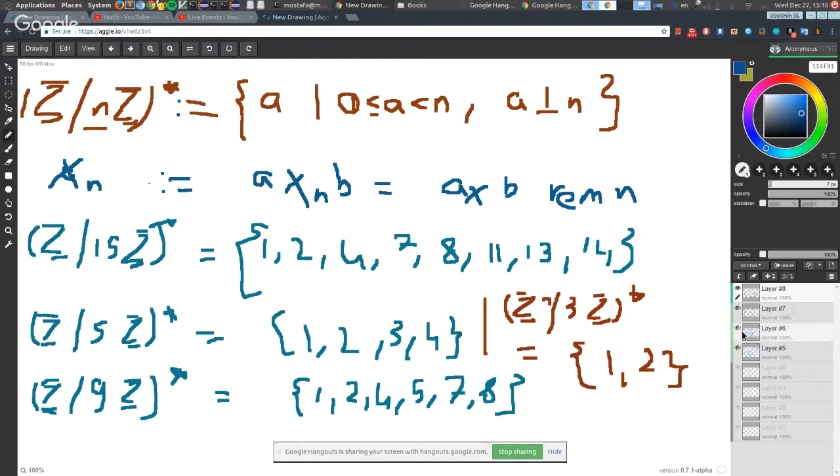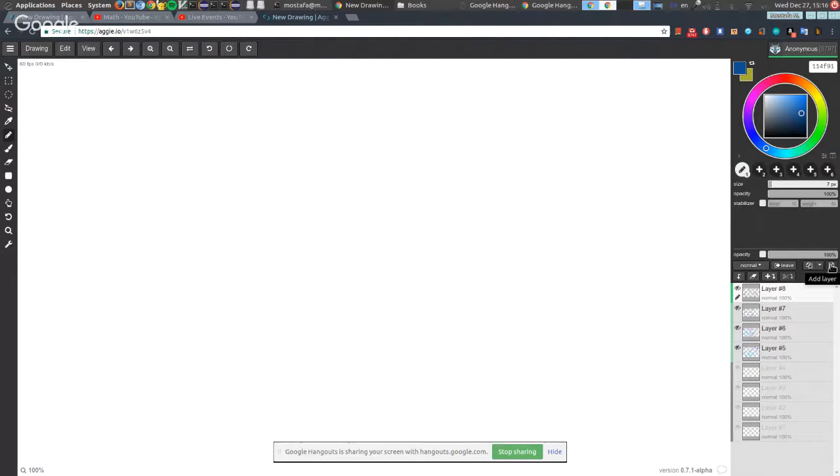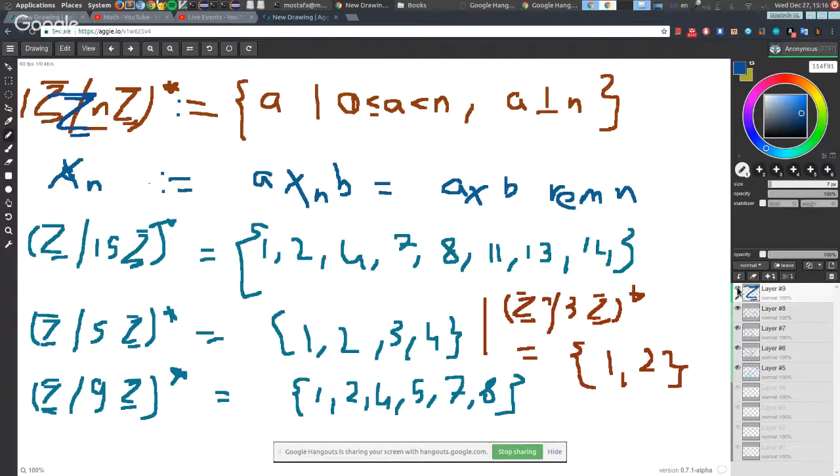Okay, so we move forward to an example of a subgroup. We can actually take from the last slide. If we take this group, then this will be a subgroup of this.